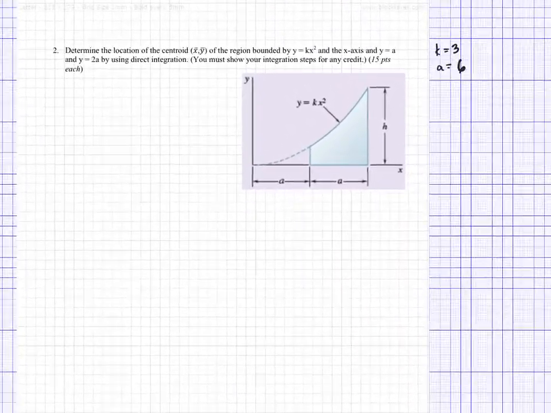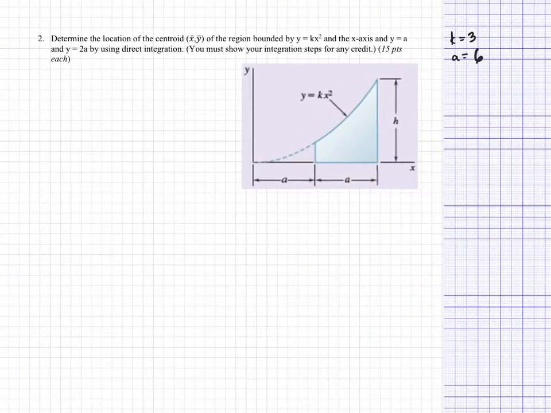Determine the location of the centroid of the region bounded by y equals kx squared, the x-axis, and so on. Here k is 3, and y equals 6, and y equals 12. Okay, so if you want to do this, the first thing we need to do is remember our formula.